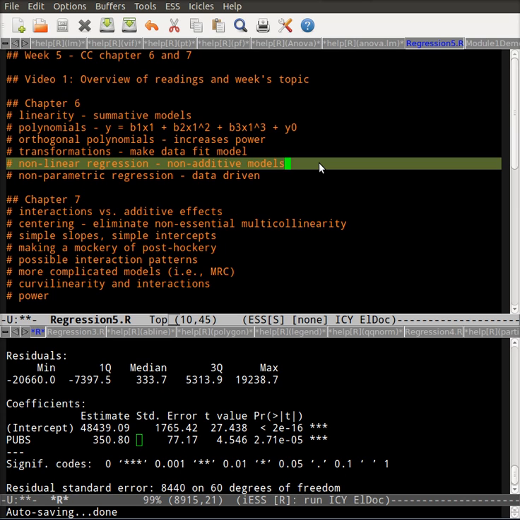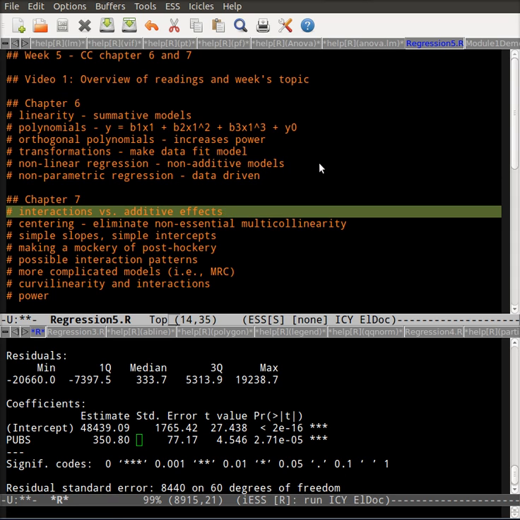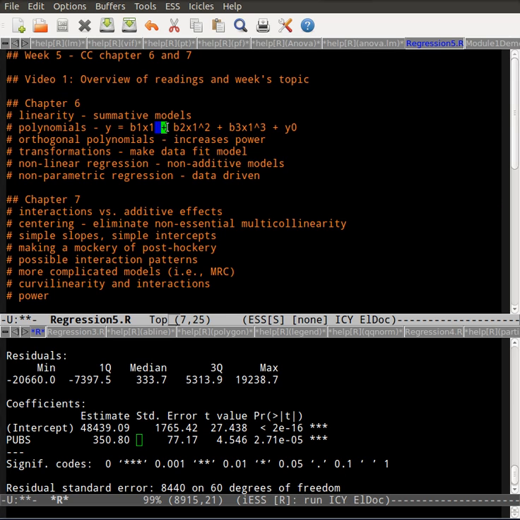And so they are additive, but they are multiplicative. So they do in some ways violate what we would think of in terms of rectilinear relationships, because if you think of interactions and main effects, like up here in these summative models, this plus sign is an OR, is a logical OR.